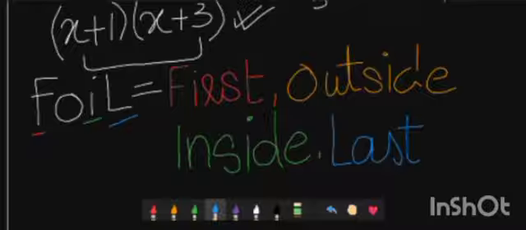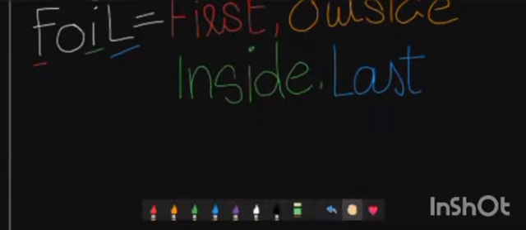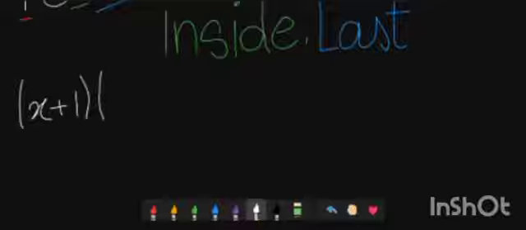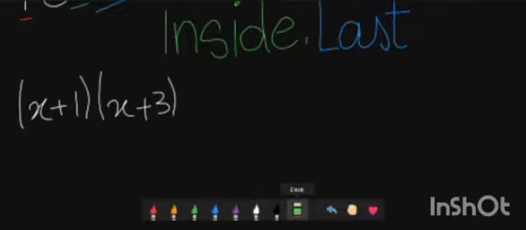But how can we do this FOIL in this expression? Let me tell you. We'll go down a little bit so that we have more space. I will write down the factors I got again: x plus 1 and x plus 3. I'm going to erase my brackets because they're too long.